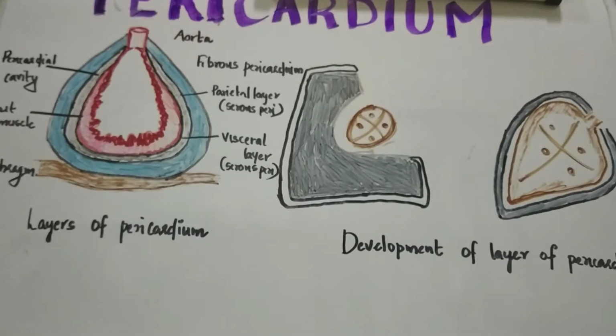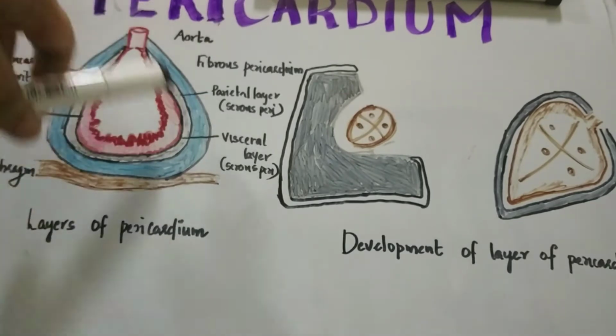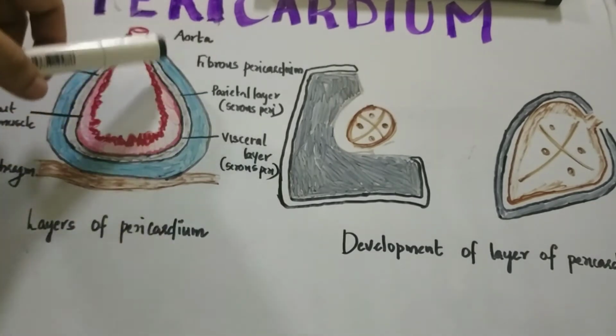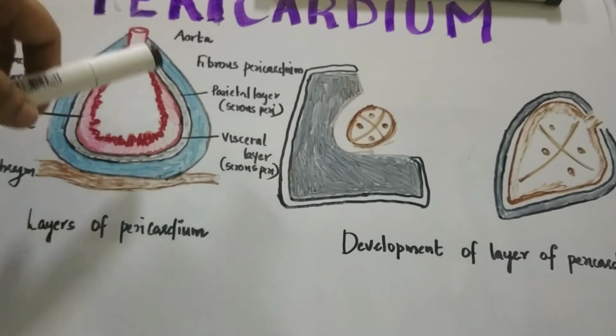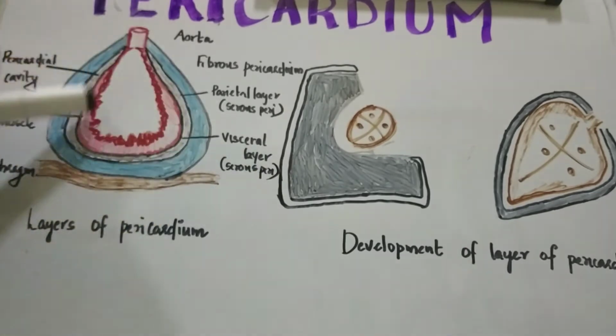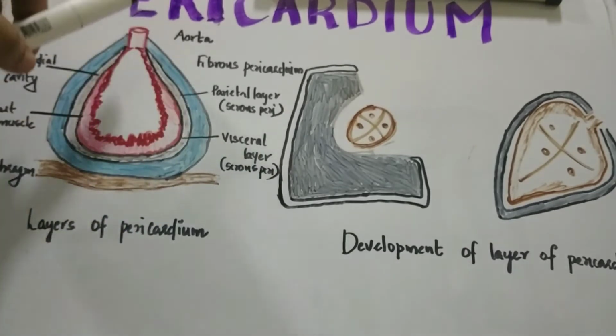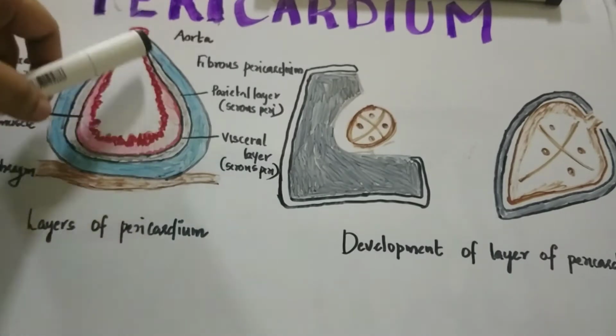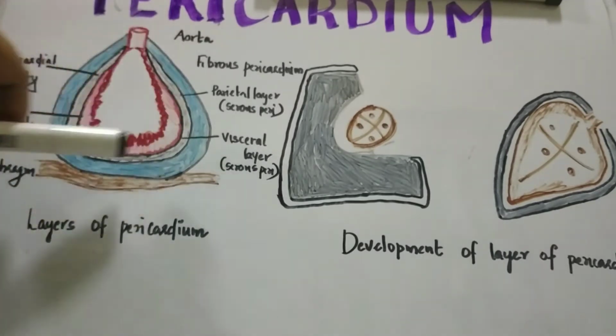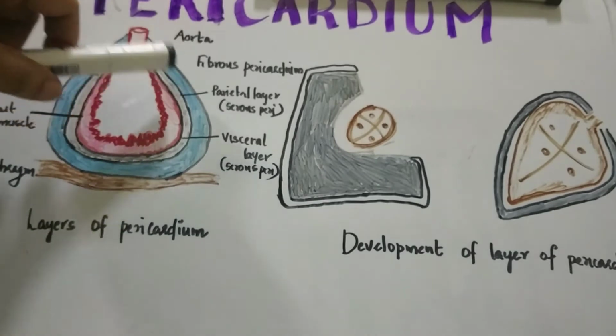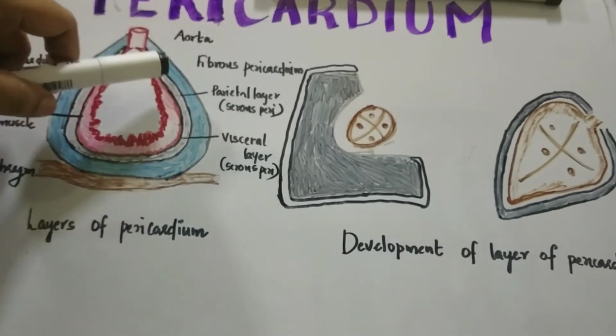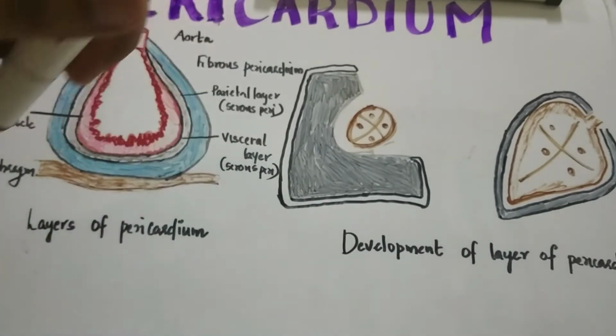Now we will discuss the serous pericardium. It is divided into two layers, the outer parietal layer and the inner visceral layer. The visceral layer is closely attached to the wall of the heart, and is also called the epicardium, except at grooves where it is separated by blood vessels.